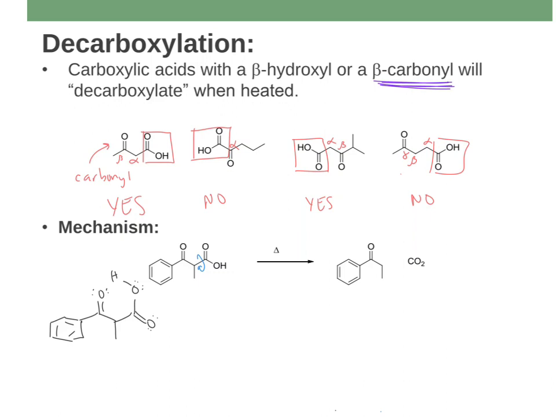The reason why you need a beta carbonyl here is because it participates in this mechanism. Because what happens here is that the lone pairs from this carbonyl can grab this acidic hydrogen from the carboxylic acid. Those electrons will then drop down, because hydrogen can't have two bonds. It can only have one bond.